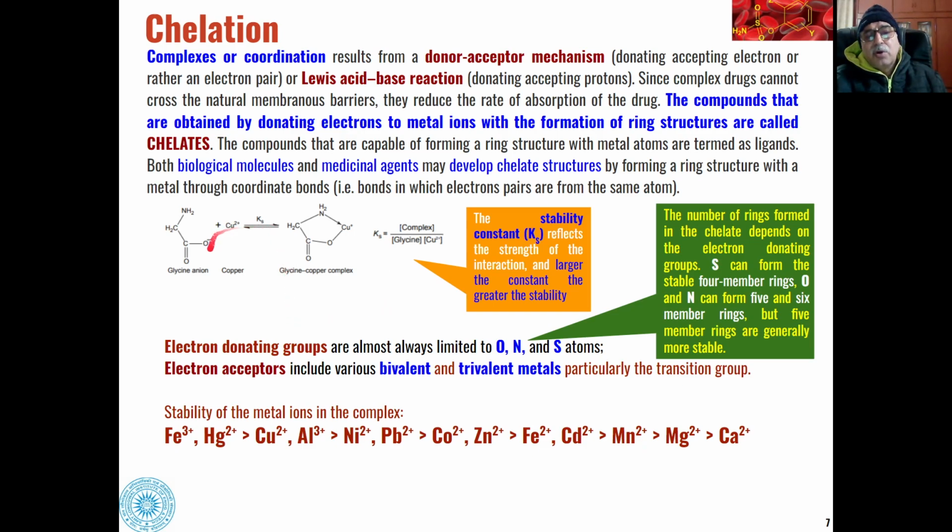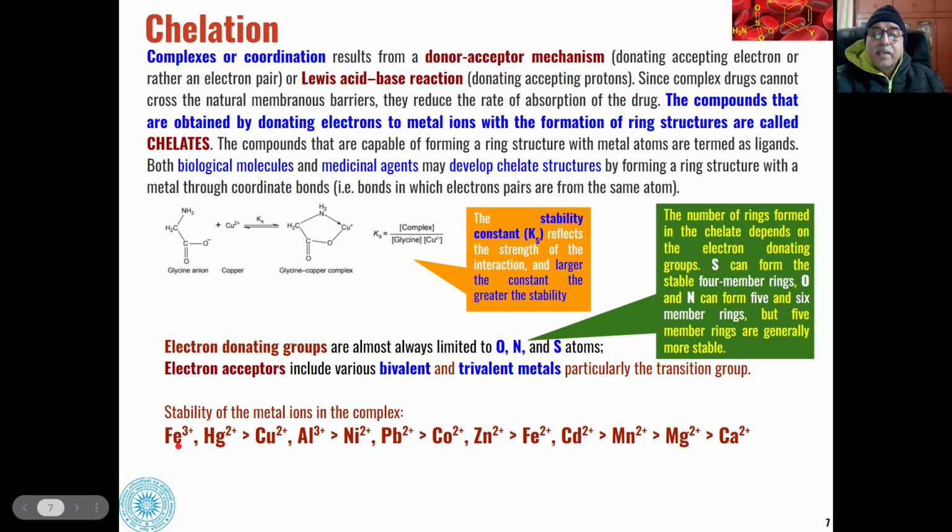Then most commonly used electron donating groups, they contain oxygen, nitrogen or sulfur atoms, whereas the metal atoms which act as electron acceptors, they are usually bivalent and trivalent metals of the transition group. And stability of different metals in the formation of chelating complexes is Fe3+, that is ferric ions.